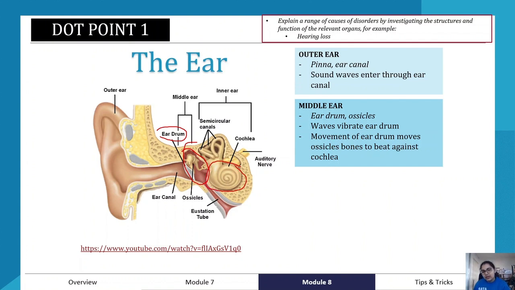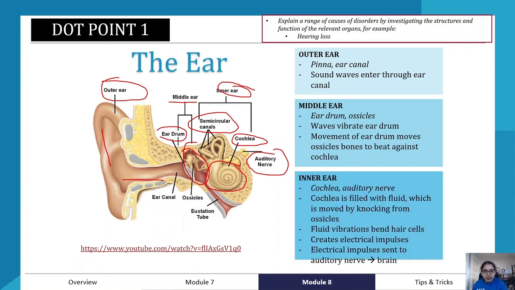It's kind of a little like a snail-like shape, you can remember it that way. So the cochlea, the semicircular canals, and the auditory nerve are part of the inner ear. So we've got the inner ear, the middle ear, and this is the outer ear. So we've got the pinna, and then we've got the ear canal. And then the inner ear is the cochlea and the auditory nerve.